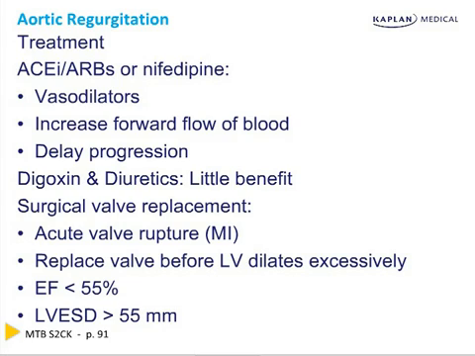Replace the valve at 55. Ejection fraction coming down. It's hard for people to understand, but I thought that 55 was still the lower limit of normal. It is, but if you're regurgitating, your ejection fraction should be 60 and 70. That's why under 55 is bad. Replace the valve.